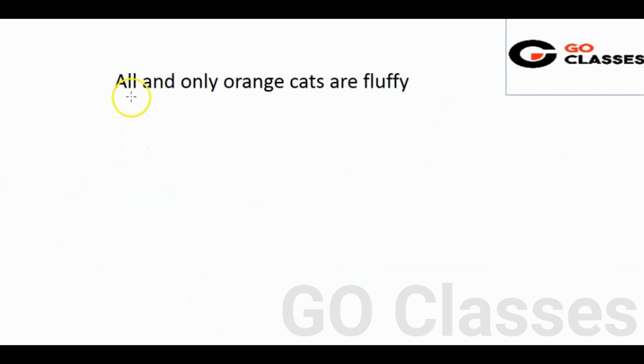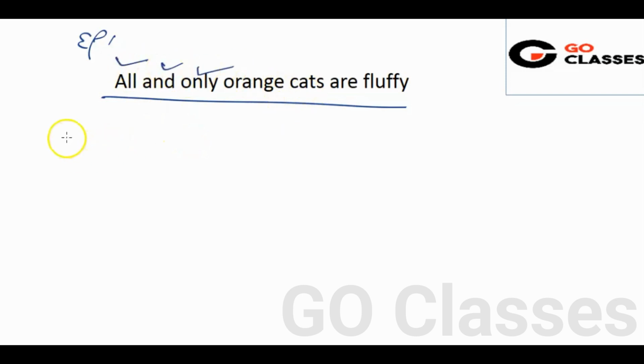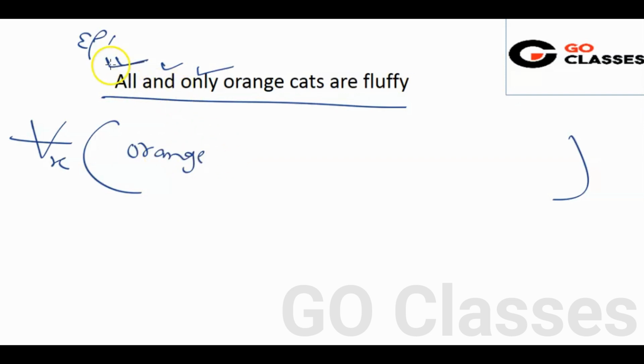So let me tell you. Let's see this example. All and only orange cats are fluffy. It means for everyone we are saying that it is orange cat if and only if it is fluffy. Because it is saying that all orange cats are fluffy, and only orange cats are fluffy.